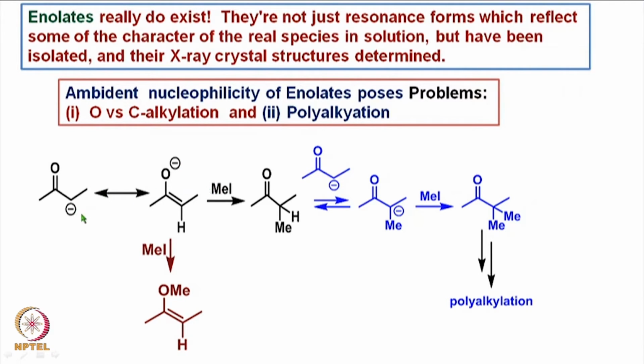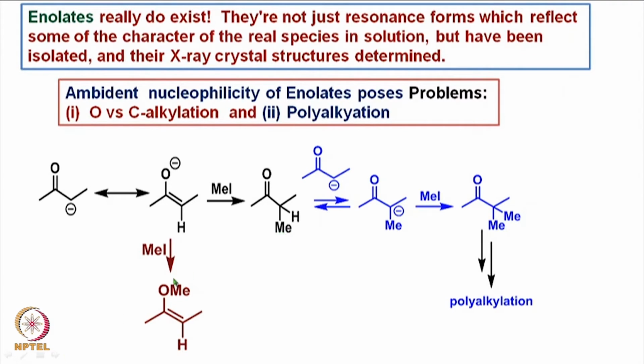One of course leads to C alkylation and the other leads to O alkylation. So if O alkylation of this enolate takes place, then we get the corresponding enol ether, and if C alkylation takes place, then we get the alpha alkylated ketone, like in this case we have an alpha methylated ketone.